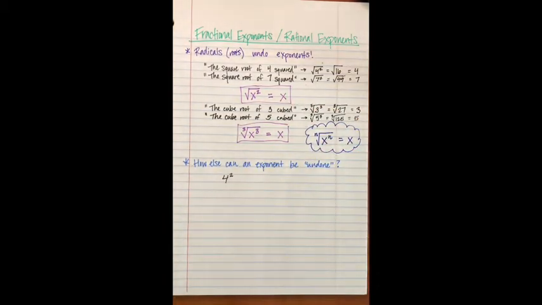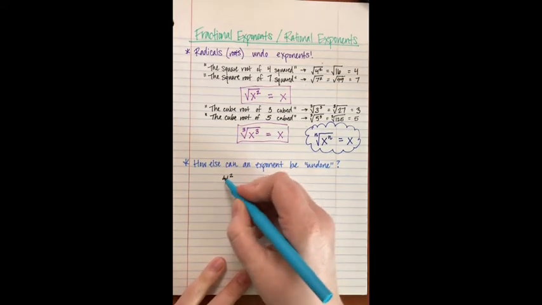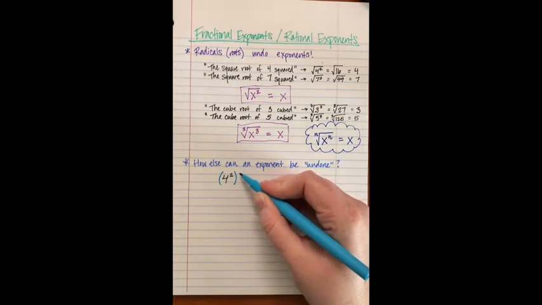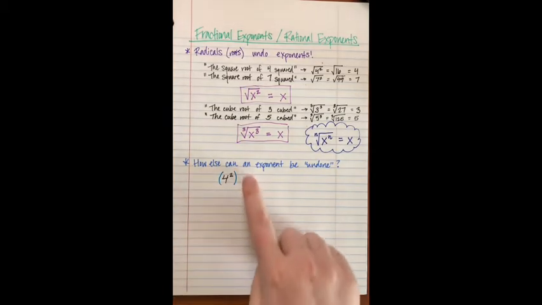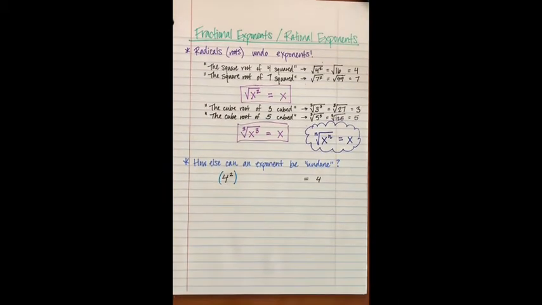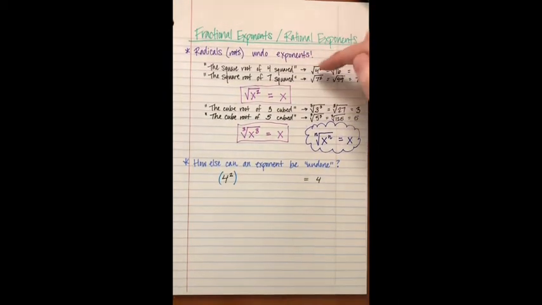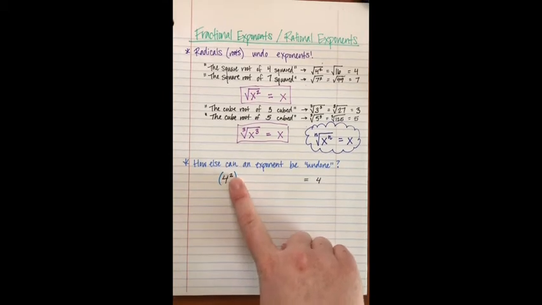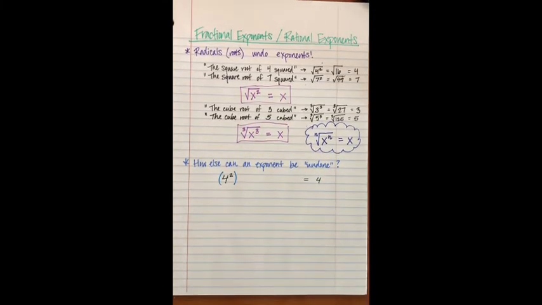There is another way to do it. I can take this exponent and raise it to a certain power. Now I'm going to leave that a mystery right now. But I can raise that to a certain power and have it actually end up being an answer of 4. Okay? So just like here, a square root of 4 squared canceled out when we were left with 4. There's another way you could cancel out this exponent of 2 and just have your final answer of 4.